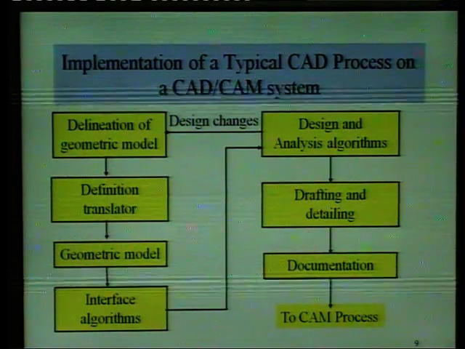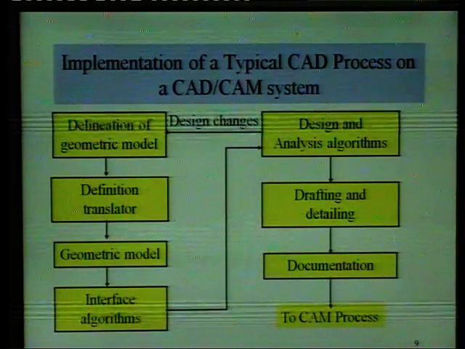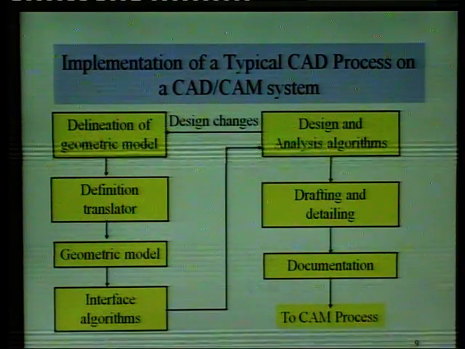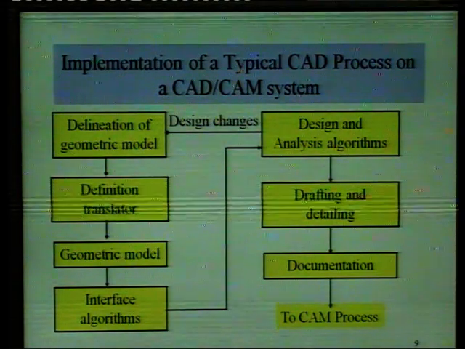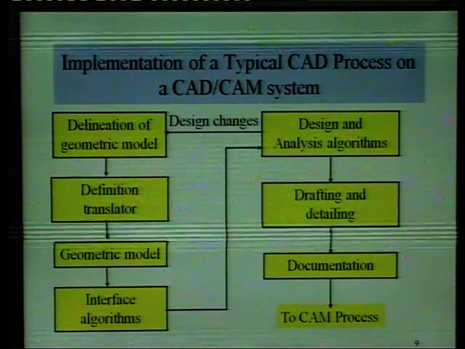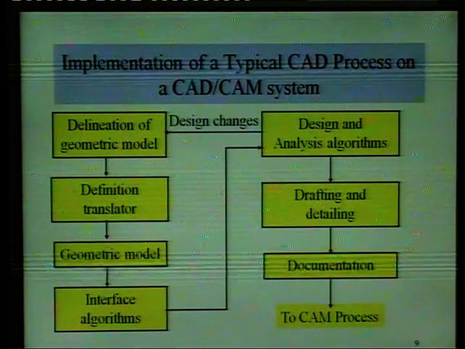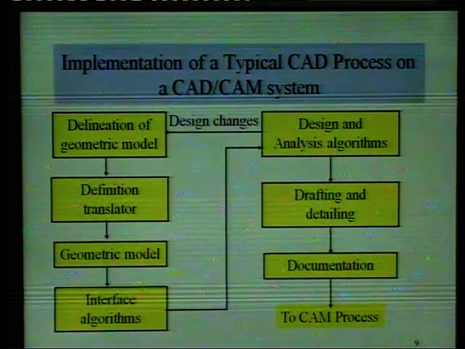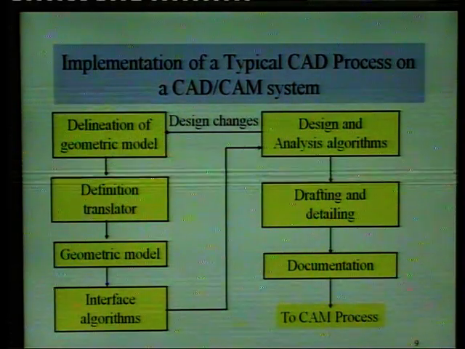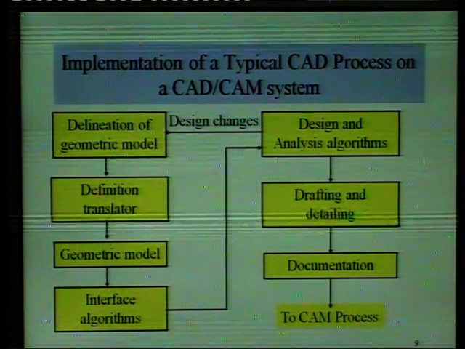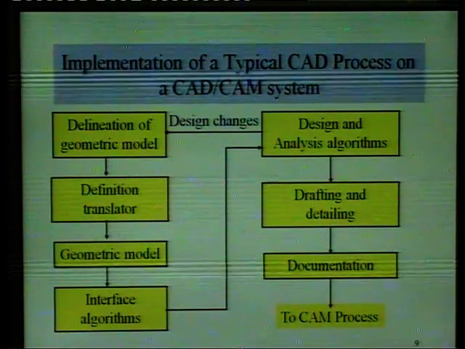Implementation of a typical CAD process on a CAD CAM system. So, these are the steps which are required for the implementation of a typical CAD process on a CAD CAM system. Delineation of the geometrical model, and after the geometrical model is delineated, the definition is translated and a geometrical model is prepared.